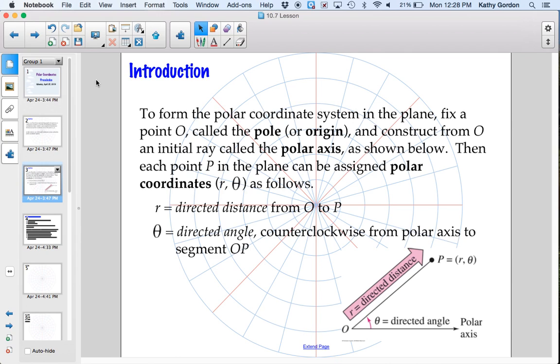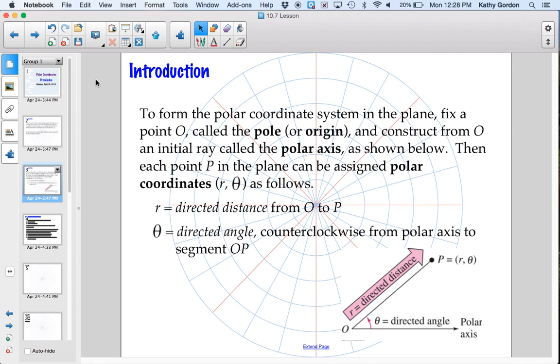Then, for each point P in the plane, it can be assigned polar coordinates, which are r theta. Rather than xy, we go with r theta. And the two things that tells us, r tells us how far away from the origin we are to get to that point, and theta tells us what the angle of rotation was to get to that terminal side that the point is on.